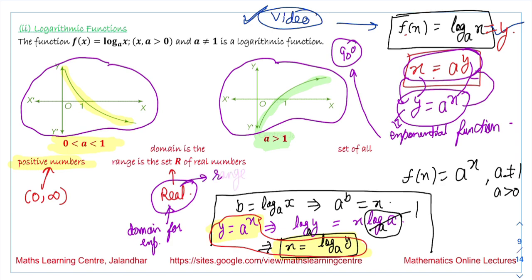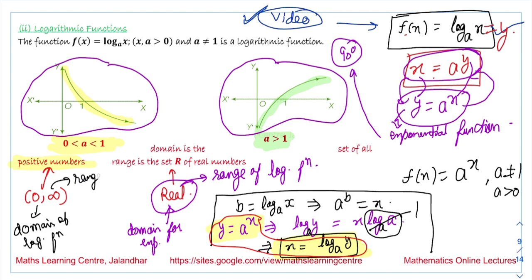In this case, this is the range of the logarithmic function. Similarly, this is the domain of the logarithmic function, and this is the range for the exponential function. So both these functions are related to each other, and more details will be clear to you when we move on to our next slides.